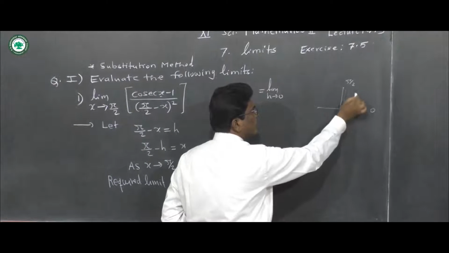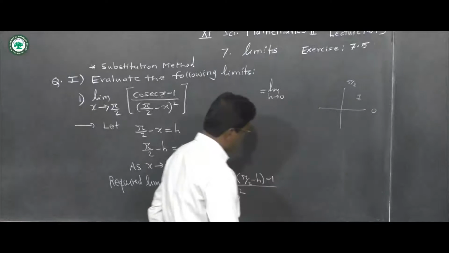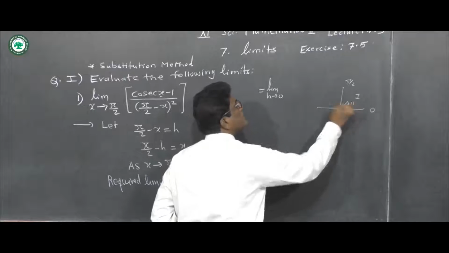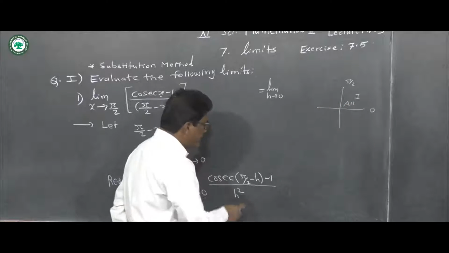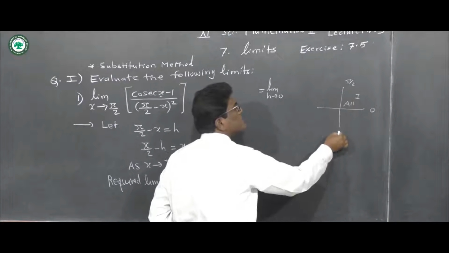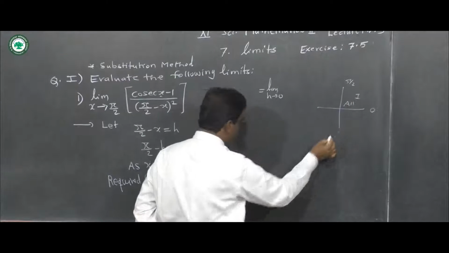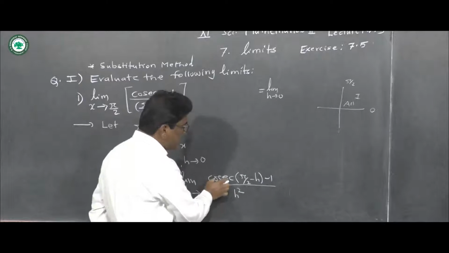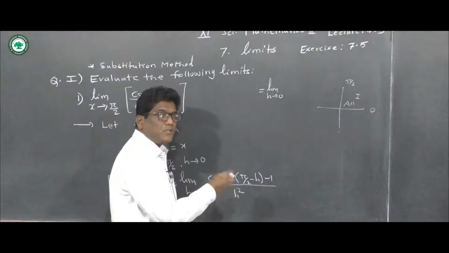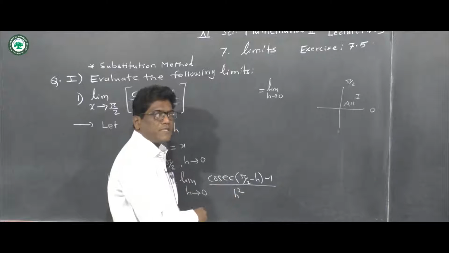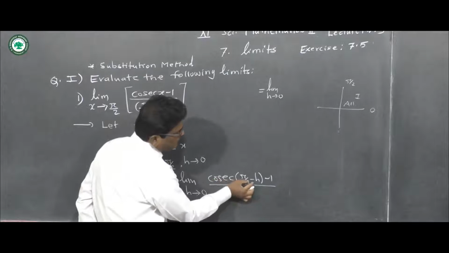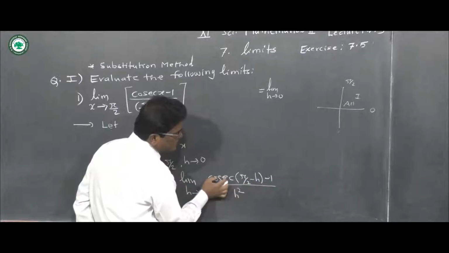So 0 to pi by 2 is the first quadrant, and in the first quadrant all trigonometric ratios are positive. But when there is pi by 2 or 3 pi by 2, on the y-axis, we have to change cosec to sec or sec to cosec, tan to cot, cot to tan, sin to cos, cos to sin. These are the pairs.